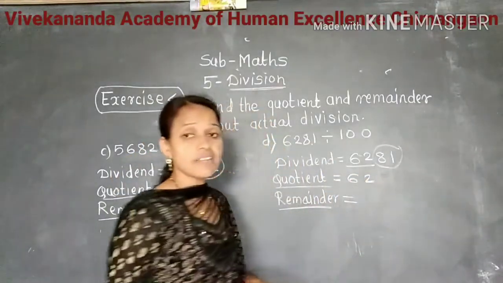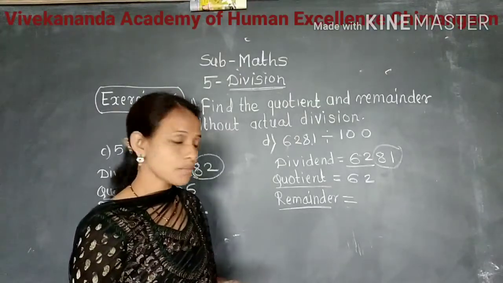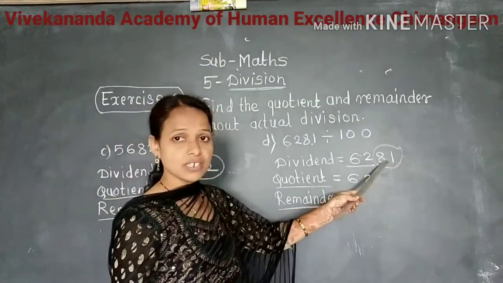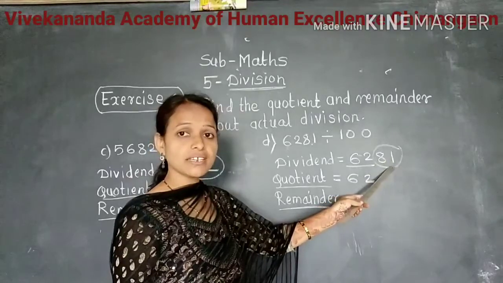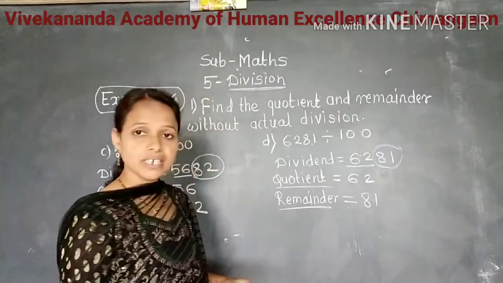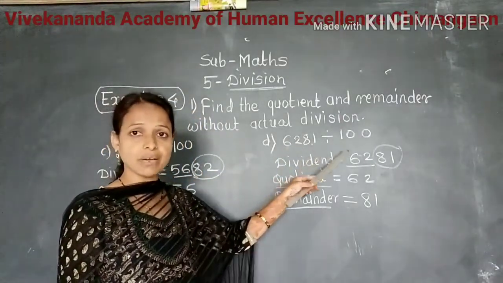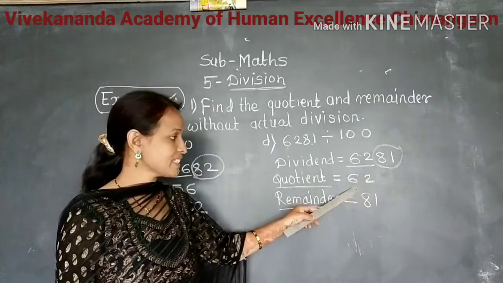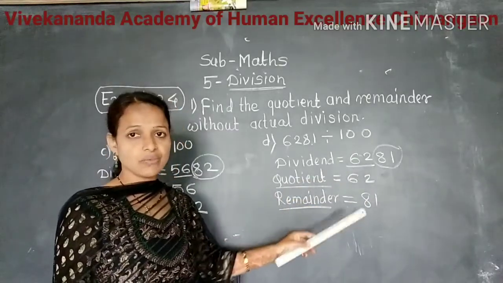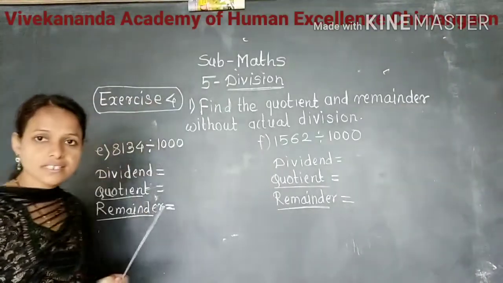And the number formed by the removed tens and ones digits is the remainder. The tens and ones digits are 8 and 1, so we get the number 81. So 81 is the remainder. In this way, by dividing 6281 by 100, we get quotient 62 and remainder 81 without actual division.